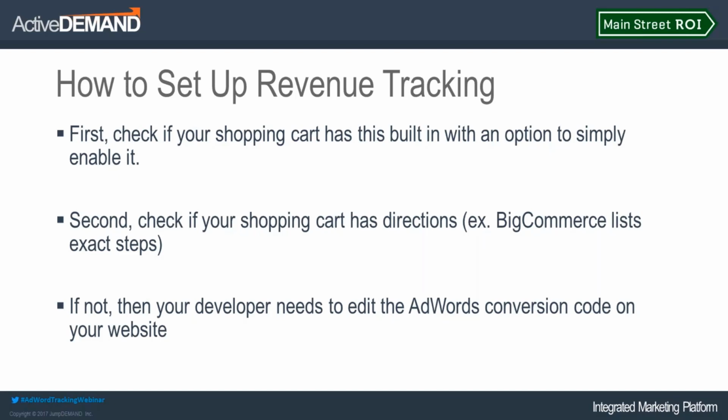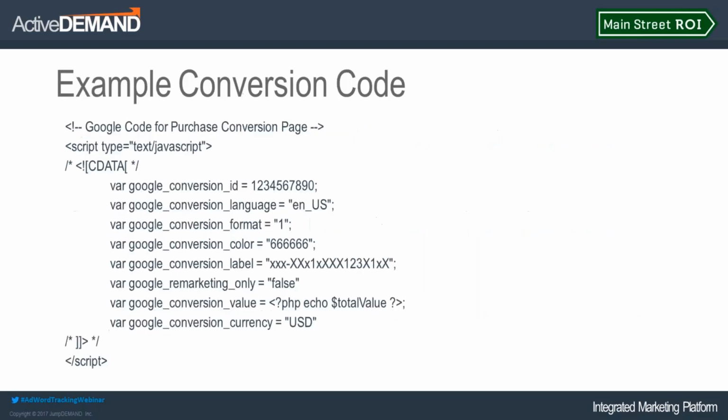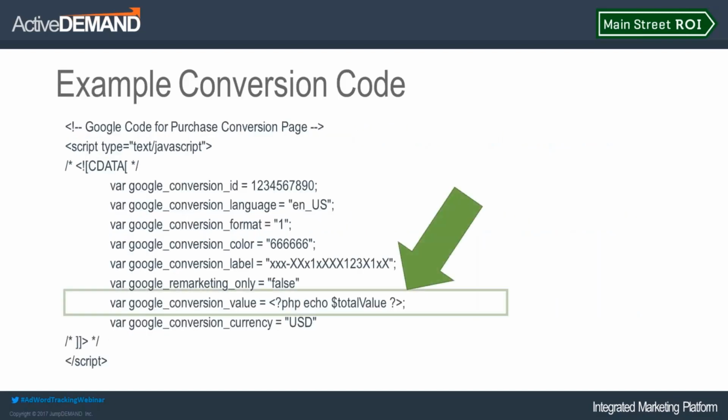add some conversion code to the thank you page of the order process. I'll show you what that looks like. This is some example code here. This is what you would get from AdWords, and I highlighted there with the green arrow the conversion value. So that's what you need to edit.